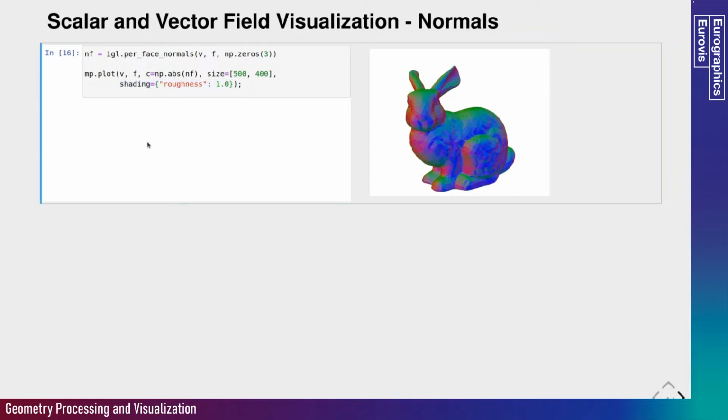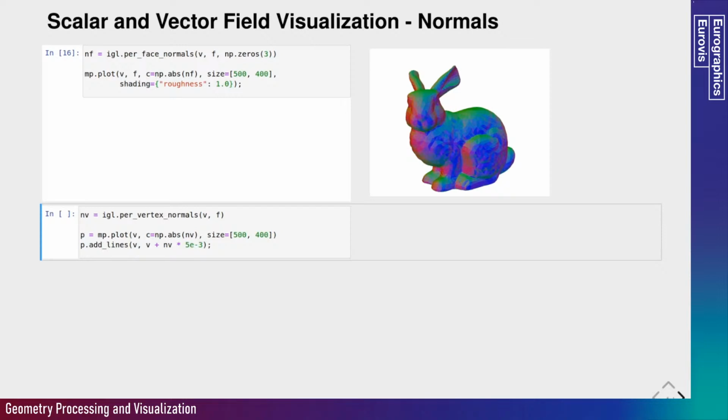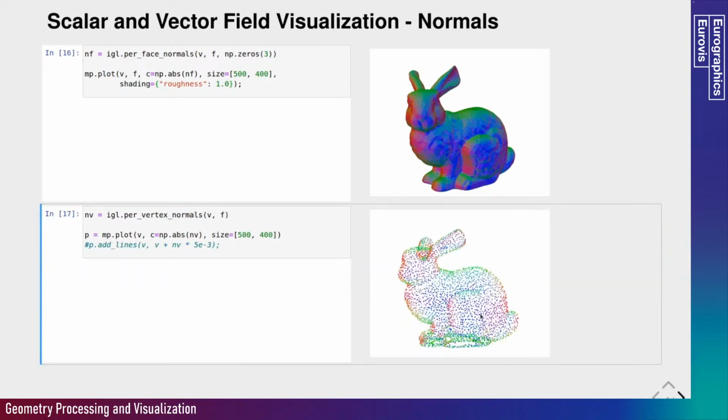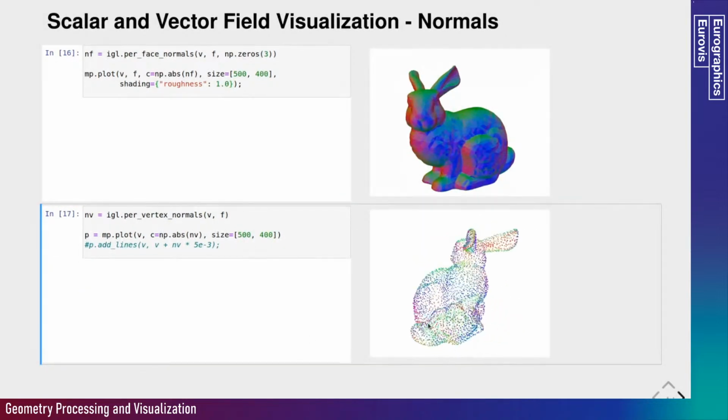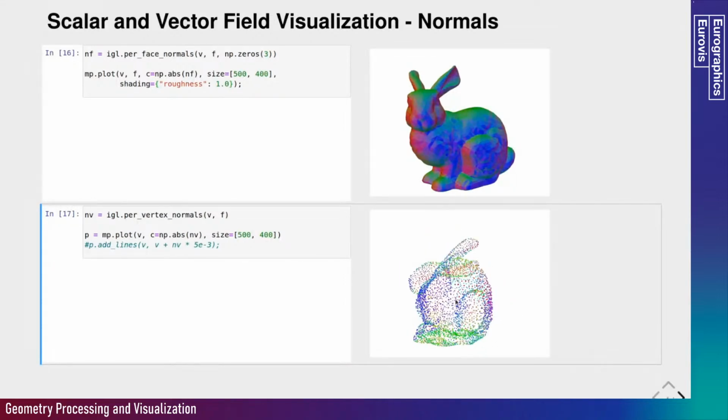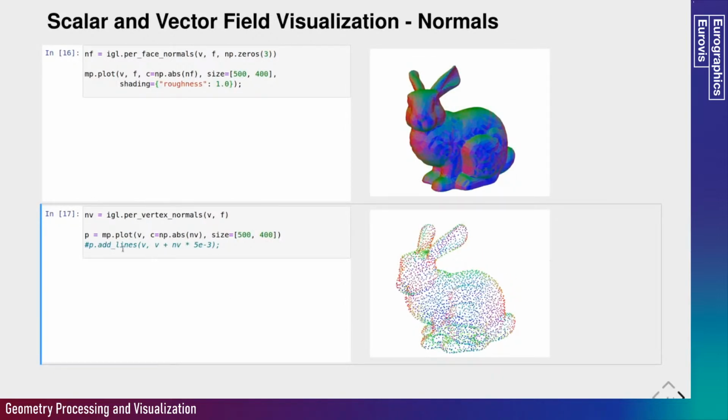So what if we want to visualize some vector fields? We can also use the normals example here, but in this case we use vertex normals, so we calculate one normal per vertex of our geometry, and libIGL also has this function available. Now we visualize the vertex normals also color coded. Here we have a point visualization, and the colors of the points are representative of the normals in these vertices.